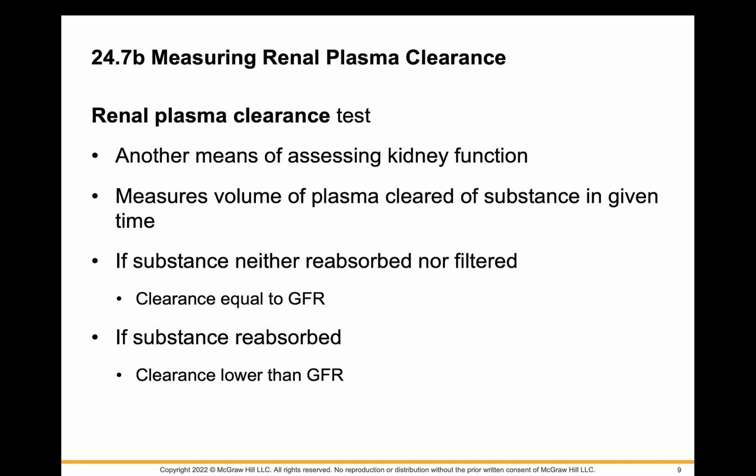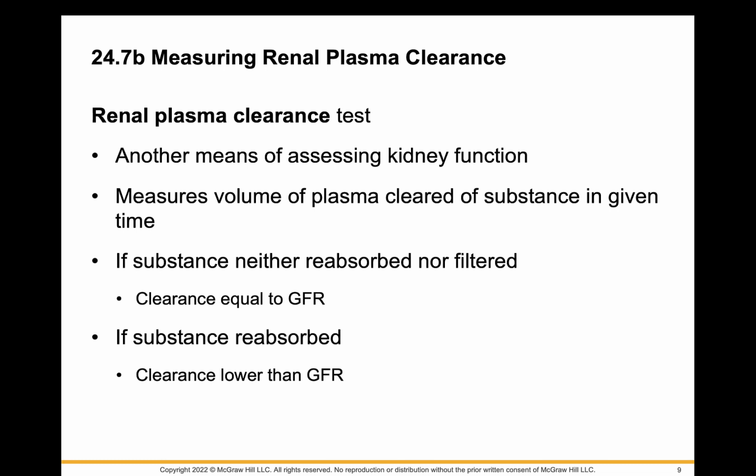There is also something known as the renal plasma clearance test. This is another means of assessing kidney function, and it measures the volume of plasma cleared of substance in a given amount of time. If substance is neither reabsorbed nor secreted, clearance is equal to glomerular filtration rate.